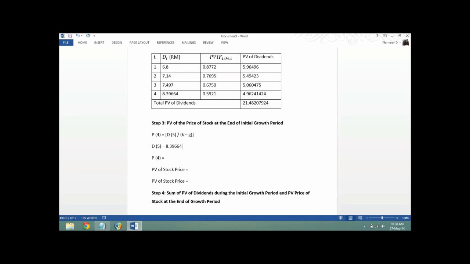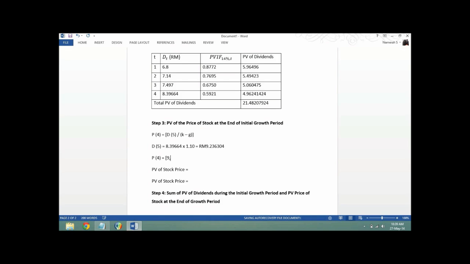Thus, the dividend for the fifth period is equal to 8.39664 into 1.10, which gives us RM 9.236304. Now that we have this value, we can substitute into the formula.